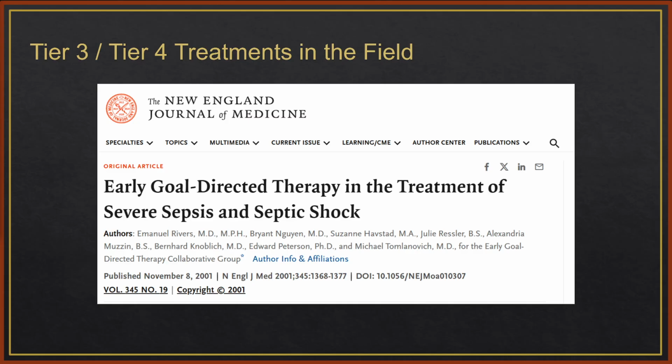This was done in 2001, and nobody has gone to try to fight against it. And there were multiple other studies, to include the ProCESS study that was done in 2014, the ARISE study in 2014, and then the ProMISe study in 2015 also supported this idea. And so throughout the world, it became a staple in the care for sepsis management.